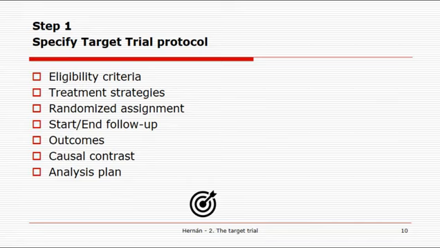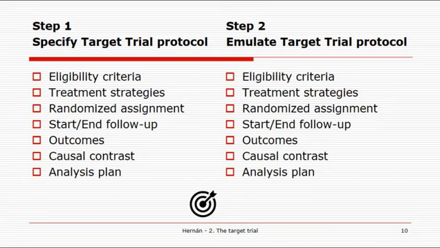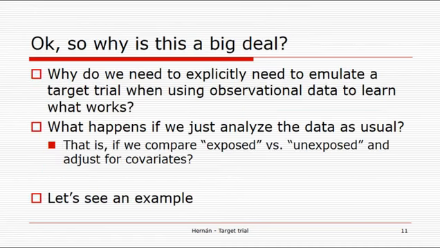The next step is to use observational data to mimic each of the components of the target trial. And this is what I'm going to be discussing here today. But why is this important? You say, okay, fine. Great. We have a target trial.